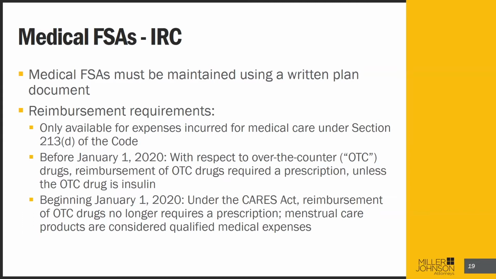Many FSAs are designed to be as flexible as possible to allow all Section 213(d) expenses, unless the FSA is being designed to be a limited purpose FSA, such as a dental only or vision only FSA, which is typically the case to preserve an individual's HSA eligibility.